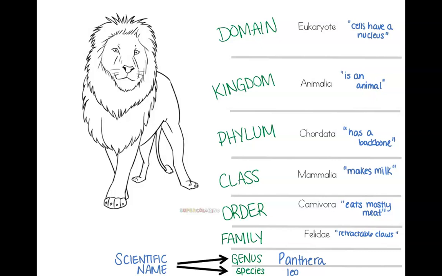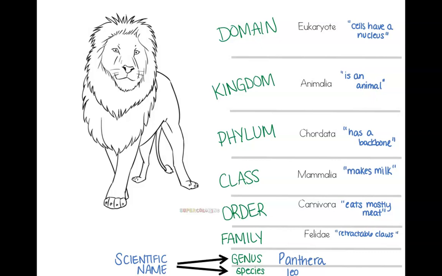So, what you have here is a very specific genus name and then an even more specific species name, right? And the reason why these are the most specific is because, as we learned before, each living thing that exists has its own genus name and species name that makes up its unique scientific name.